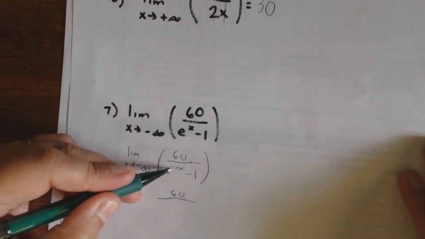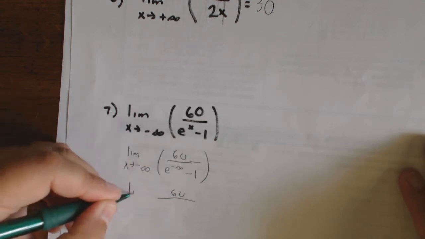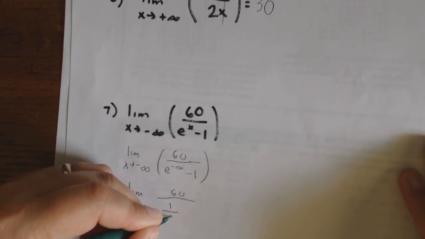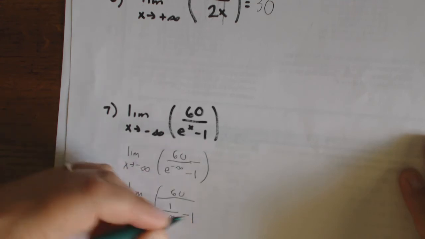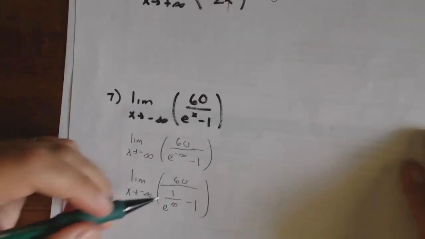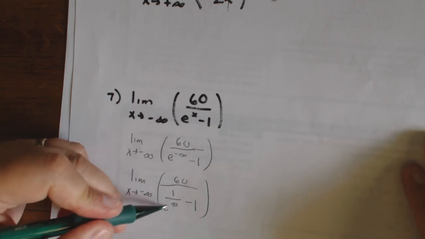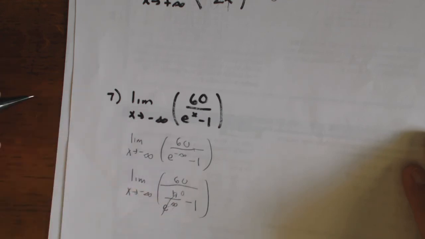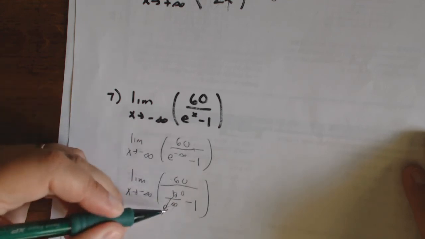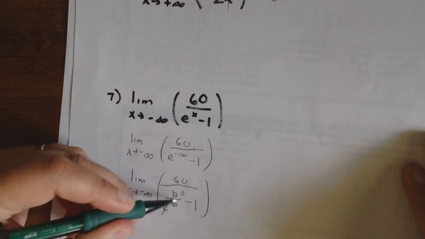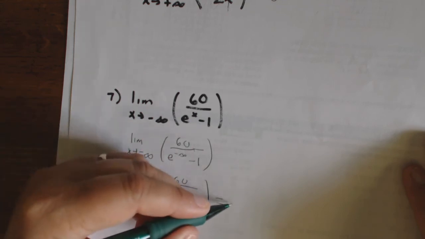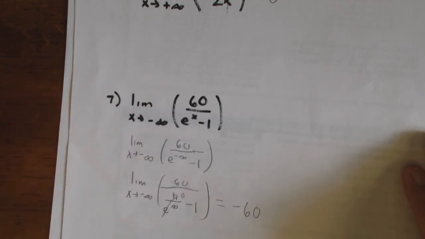So e to the negative infinity is the same as 1 over e to the positive infinity. And 1 over a very large number, since e to the infinity is a large number, goes to 0. So we have 60 divided by 0 minus 1. Well, 0 minus 1 is negative 1. And 60 divided by negative 1 is negative 60.